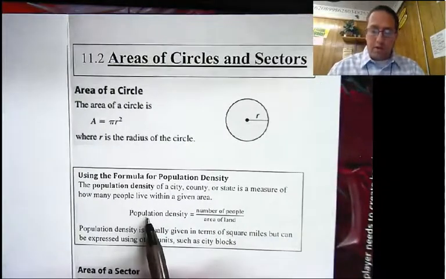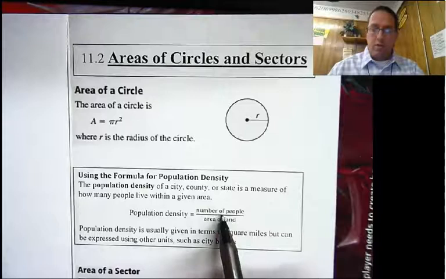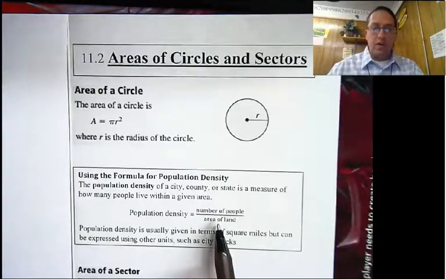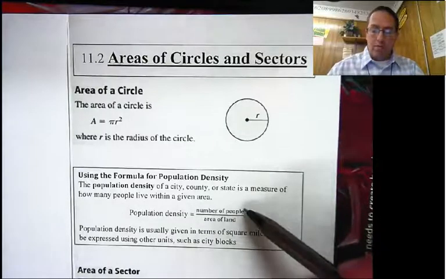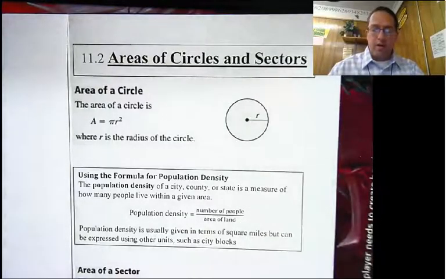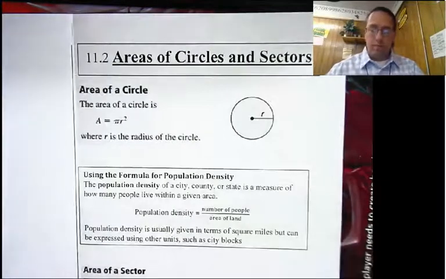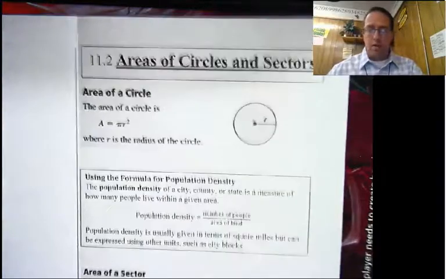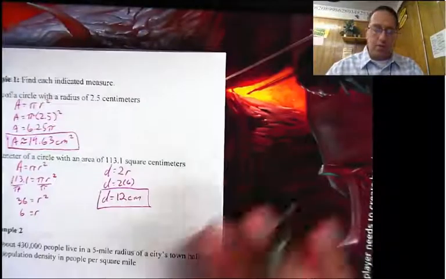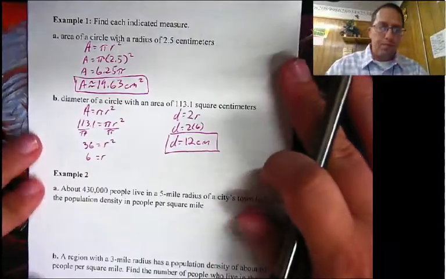And the formula for this, the population density, is equal to the number of people living in the area divided by the area of the land they're living on. All right? So number of people divided by area. And so you'll have it written down as people per square mile, usually. People per city block, you can have it that way too. People per square kilometer, whatever.